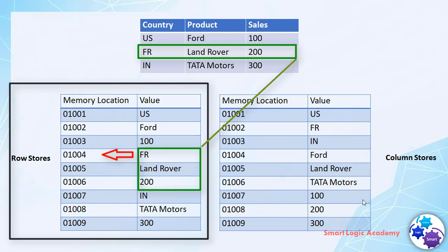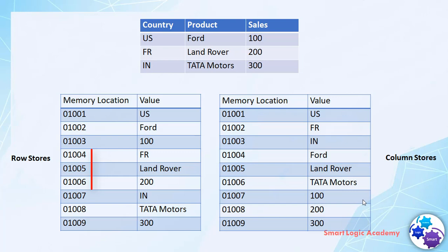Since all the field values are present in contiguous memory locations, the read operation would be very fast, since we require very little scanning to find the required information.